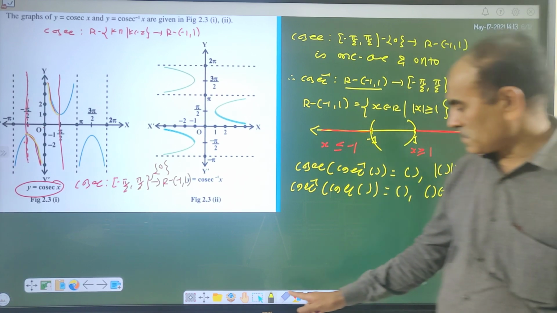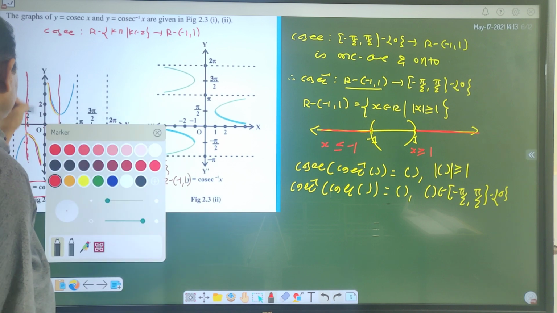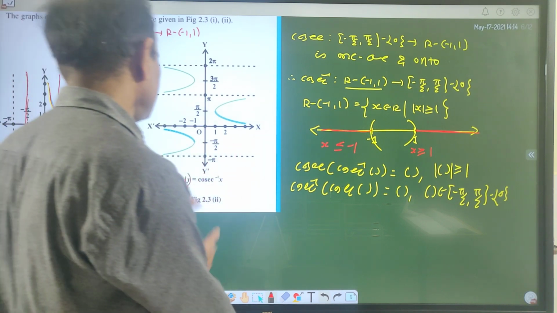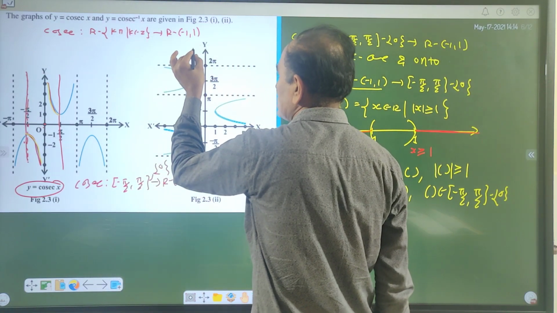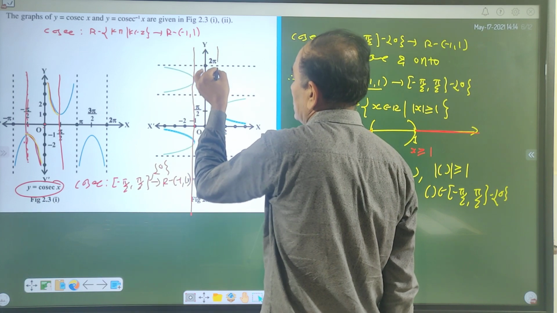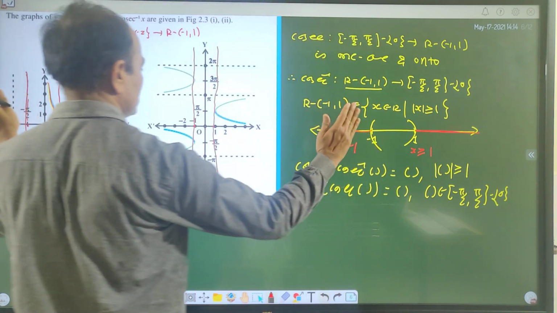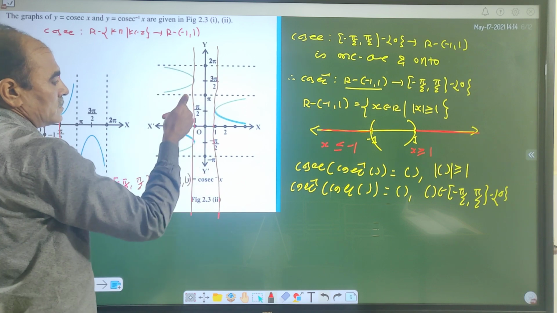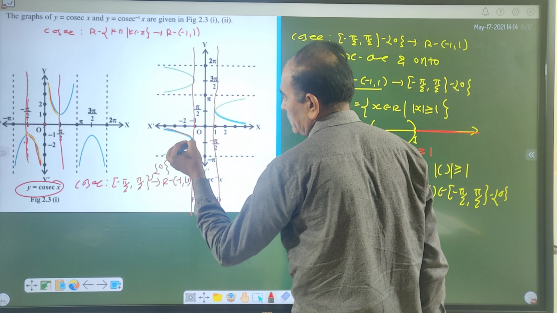Once again see here for the graph. See, at 0 this function is not defined. Now here you can see that for the inverse, the graph is outside the minus 1 as well as outside the plus 1. Other than this part, the graph is absent. Once again, for this part it is 1-1 and onto. But observe that here they are giving an indirect line.